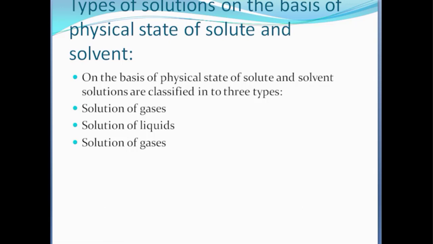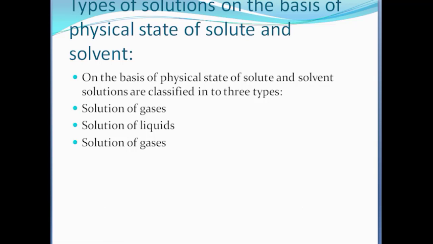Second type of this is liquid in liquid. The solutions in which both the solute and solvent are found in liquid state are known as solution of liquids, that is liquid in liquid.